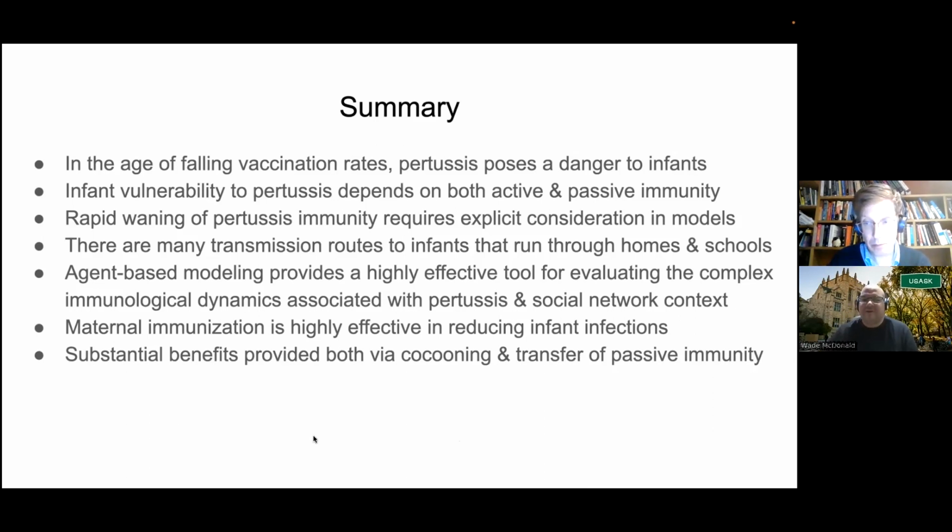Agent-based modeling provides a highly effective tool for evaluating the complex immunological dynamics associated with pertussis and social network contact. Maternal immunization is highly effective in reducing infant infections, and substantial benefits are provided by both cocooning and transfer of passive immunity.